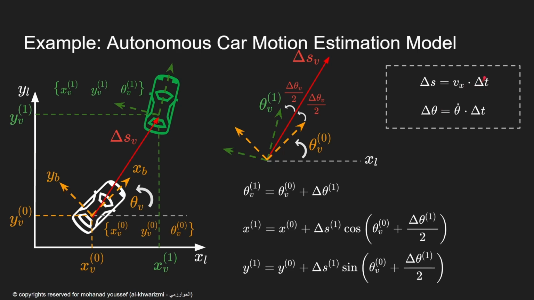If we multiply it by the sampling time, the time interval between two successive cycles in the software call, we come up with the delta S, the change in distance. The same for the orientation: the delta theta can be calculated by multiplying the heading rate by the sampling time.